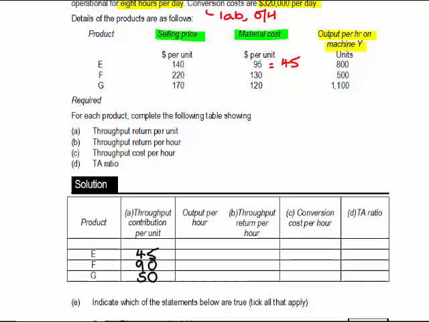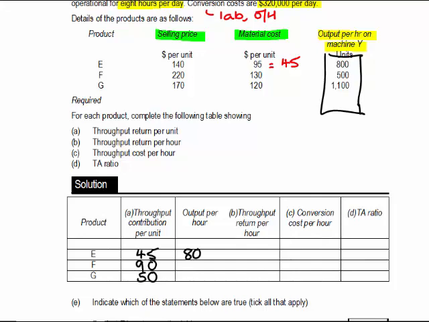Now, we can't just take this contribution over the cost because we've got a bottleneck. So we have to think, well, how much contribution are we going to get for every unit of bottleneck resource? In other words, hours on machine Y. So we've been given how many units we can actually produce on machine Y. So let's pop these in.